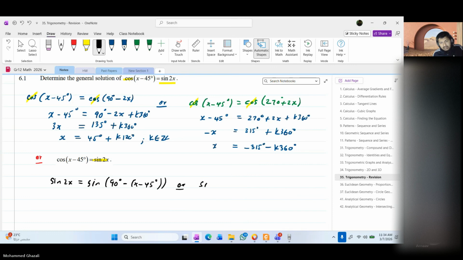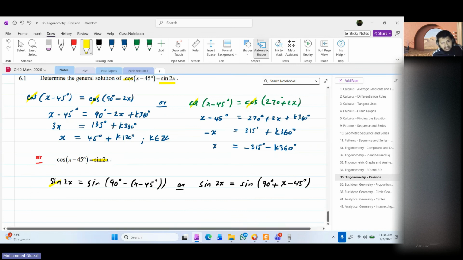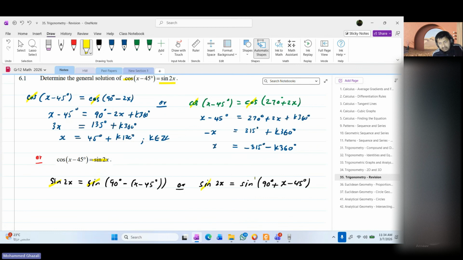Or sine 2x is equal to sine of 90 plus x minus 45. And you can proceed in this manner by dropping off the signs, right? And adding, because remember sine of 90 plus the angle is cos of the angle. So you change the cos, okay?